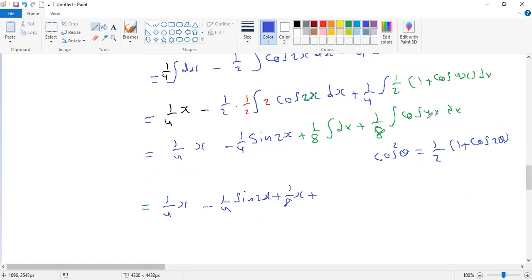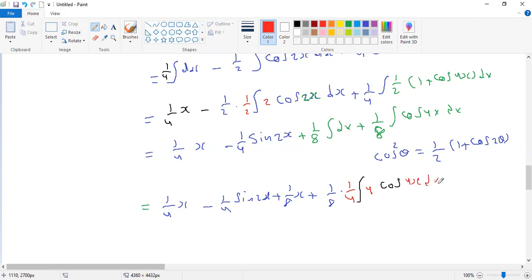But here I need the derivative, so for 1 over 8 I need to multiply by the derivative of 4x. The derivative of 4x is 4. The derivative of the angle is 4. So we need to multiply by 4 inside the integral, or outside the integral divide by 4. So don't forget what you have: the integral of cosine of 4x.